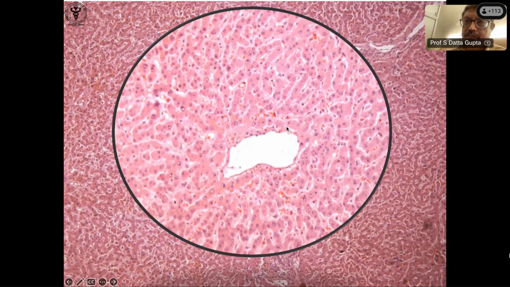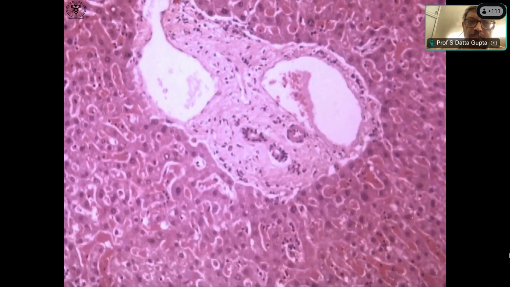Can any of the first year residents tell? Central vein. Okay, good. Then what is this area? Portal triad. Very good.